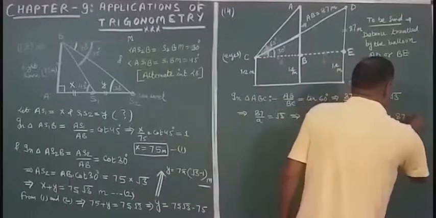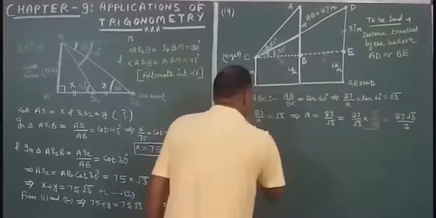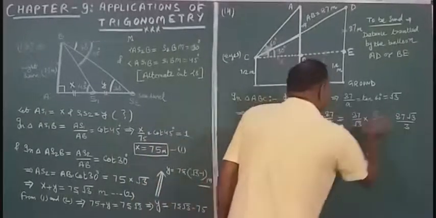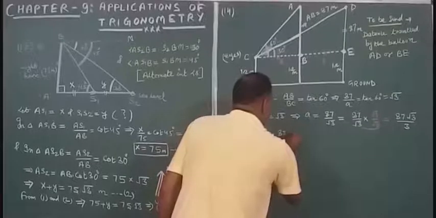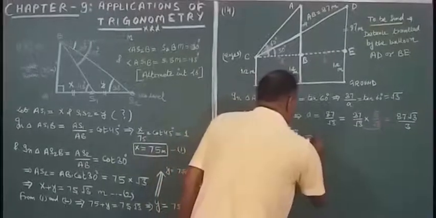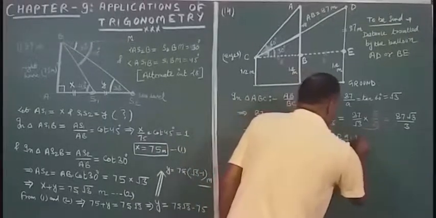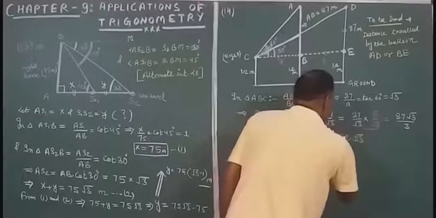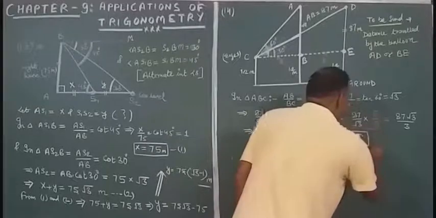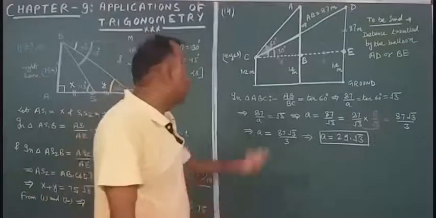So 87 upon 3. So what we can find out here? A is equal to, just divide it, 87 under root 3 upon 3. This will be A is equal to 29, 3 is 87, and this is 3. What is the value of A? 29 under root 3.